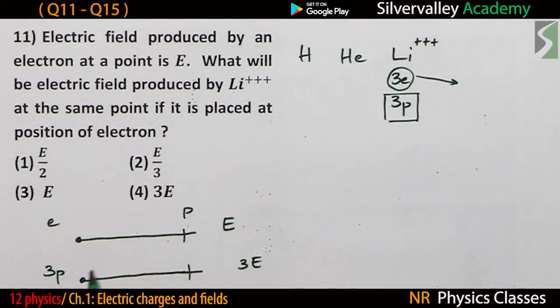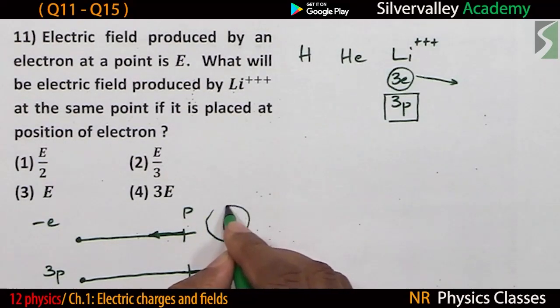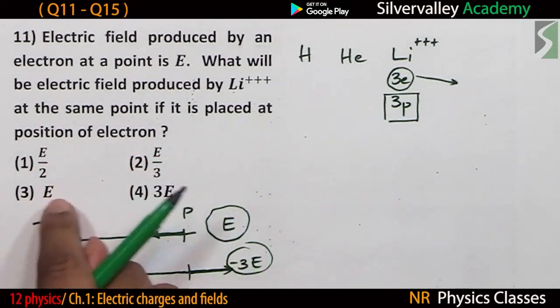Of course, directions are different. Because of a negative charge, the electric field is towards. Because of a positive charge, the electric field is away, isn't it? If this electric field is E, then this electric field should be minus 3E. Why minus? The direction of this is opposite to the direction of this. But look at the options.